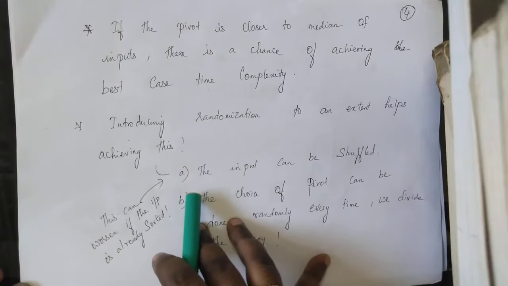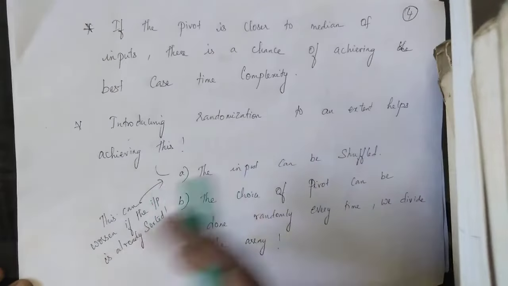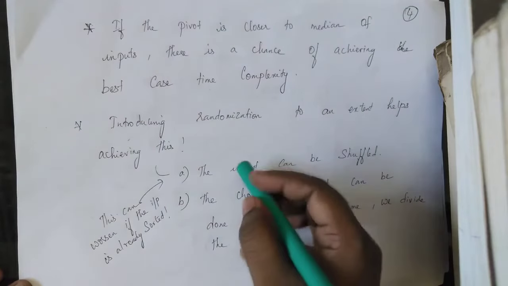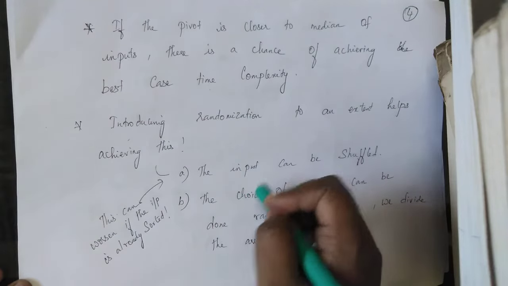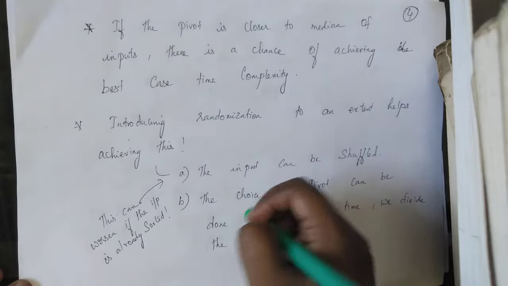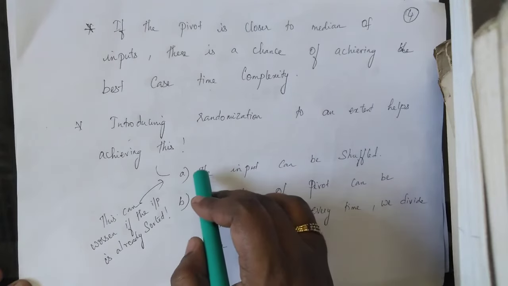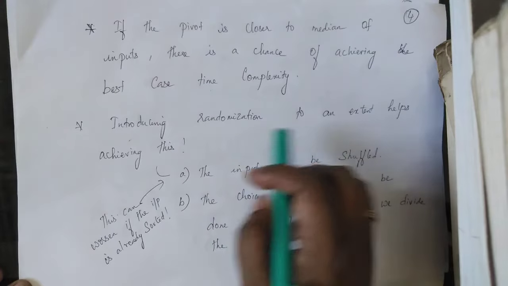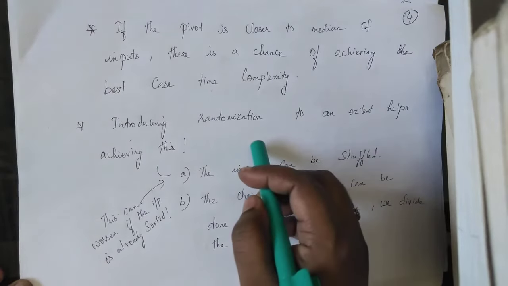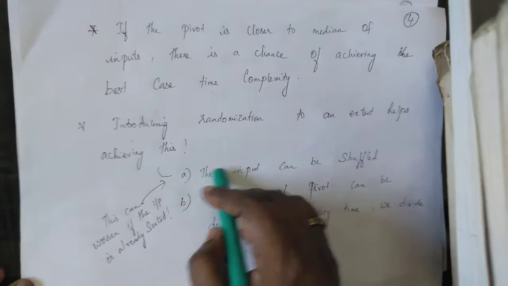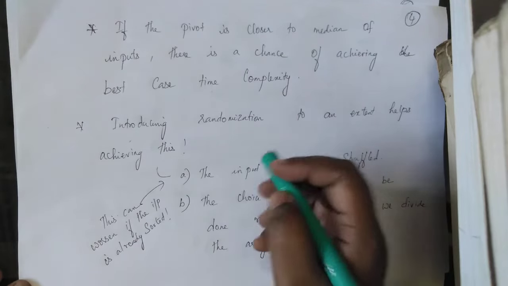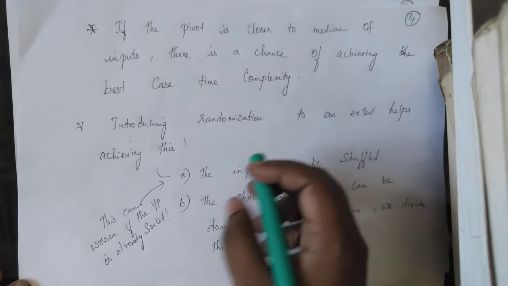Let's look at how randomization can help achieve things better. There are two kinds of randomness we can introduce to this quicksort algorithm. Instead of going the deterministic way, the input can be shuffled. In the previous example that we had seen earlier, the input can be shuffled, and maybe at that point we can achieve a good time complexity.